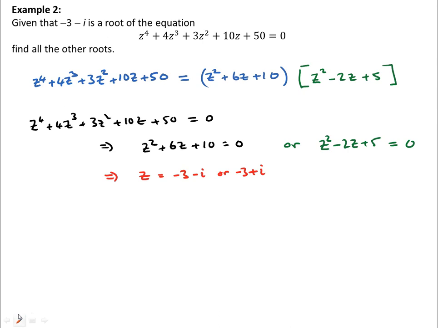So all I've got to do is solve the quadratic equation z squared minus 2z plus 5 equals 0. Again, we can use any of our possible quadratic equation methods for this, and we will obtain z equals 1 plus 2i or z equals 1 minus 2i.